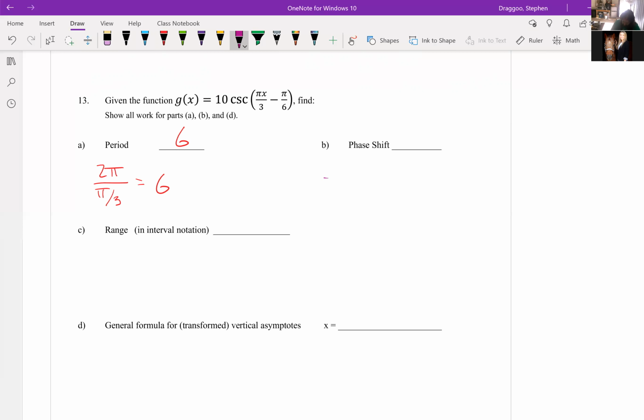The phase shift should be C over B, where here, don't forget, C is positive pi over 6, because C always has the opposite sign of whatever you can see in the function. So this is pi over 6 divided by pi over 3, which is going to come out to 1/2.